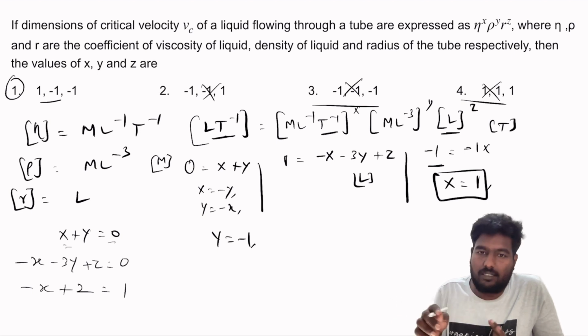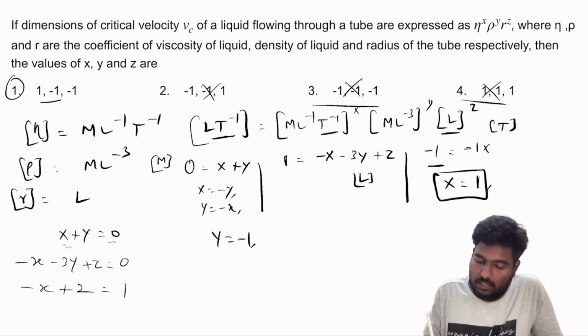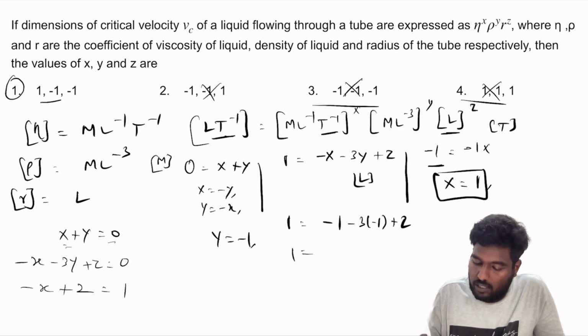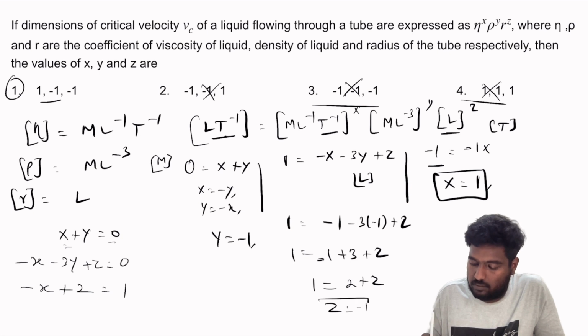So 1 equals minus 3 into minus 1 plus Z. So 1 equals 3 plus Z... 1 equals 2 plus Z, so Z equals minus 1.